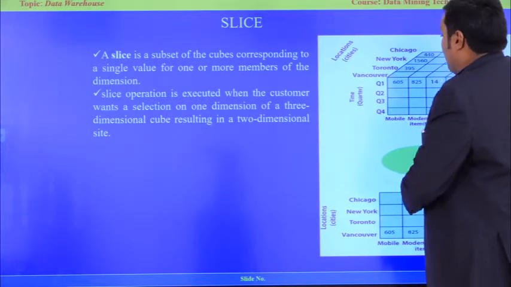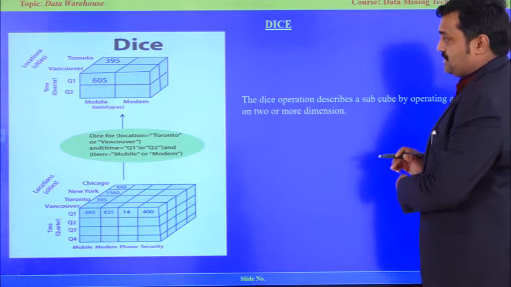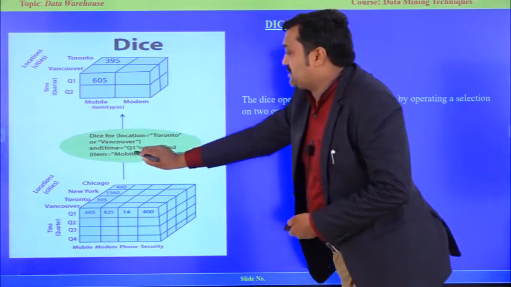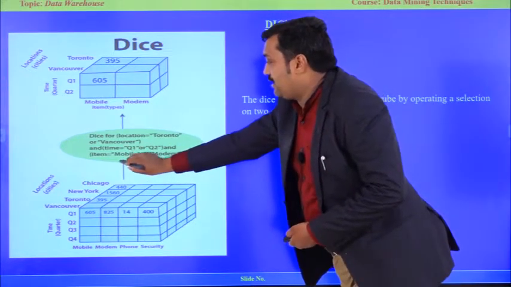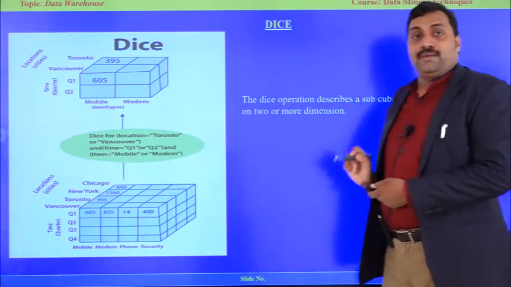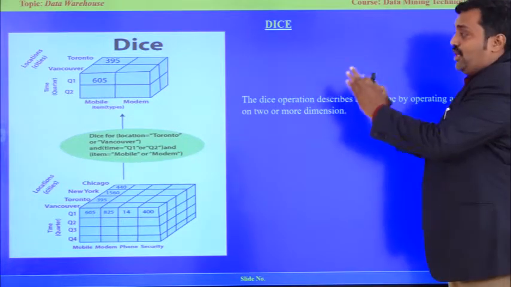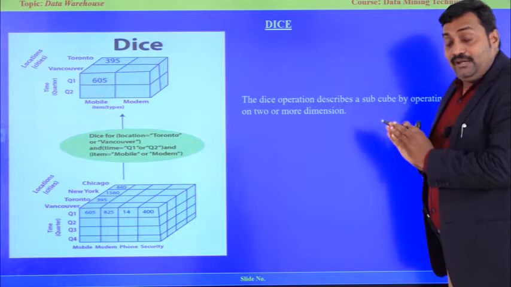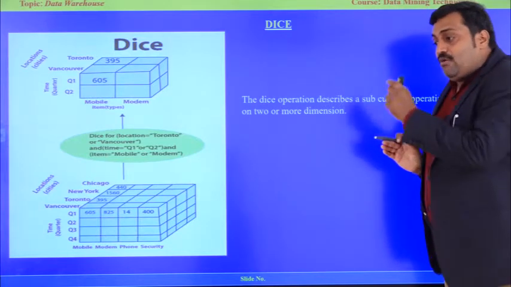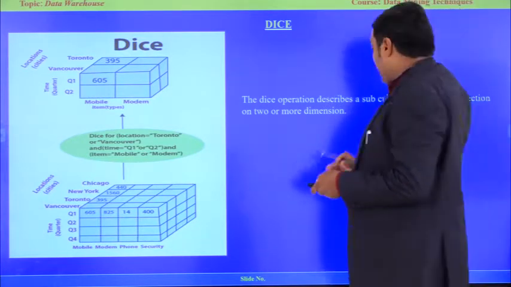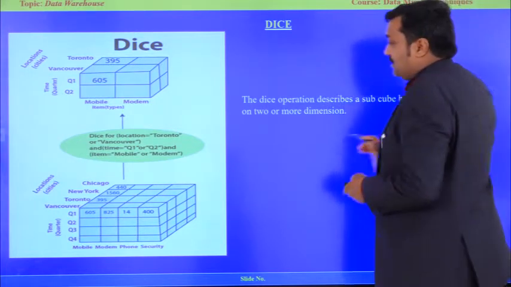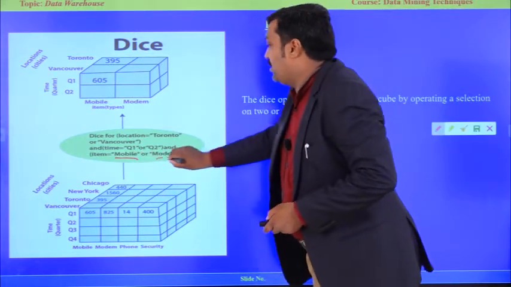In case of dice, I need 2 dimensions, like quarter one and also a particular product. Previously I was looking only for the quarter one result, but now I am restricting to quarter one and products of either mobile or modem.